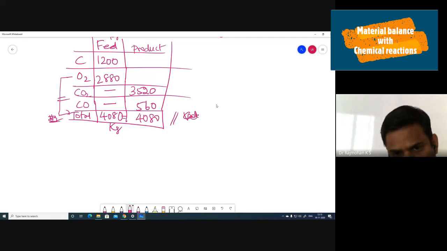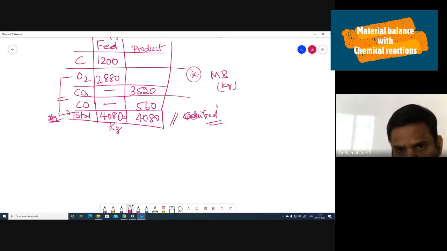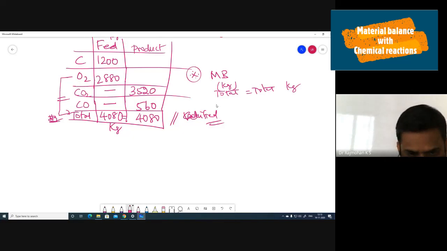This is called verification. So how to verify the material balance for a reactive system? The important point to know is that the mass balance should be the same. Total kg entering the system is equal to total kg leaving the system. So that should be verified also, because whatever calculation we did so far, if this is not matching, it means somewhere we made a calculation mistake.